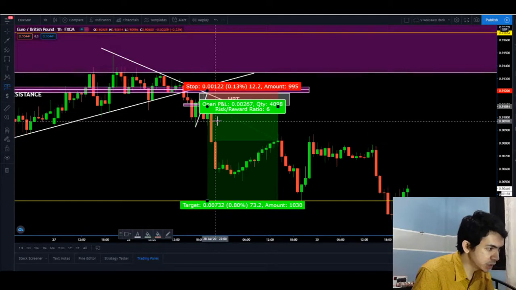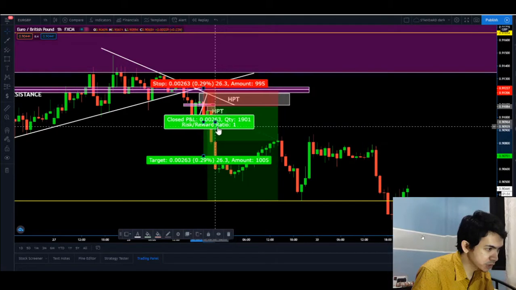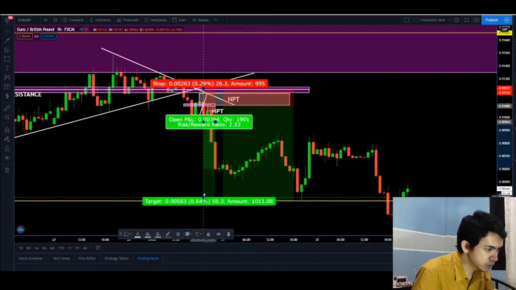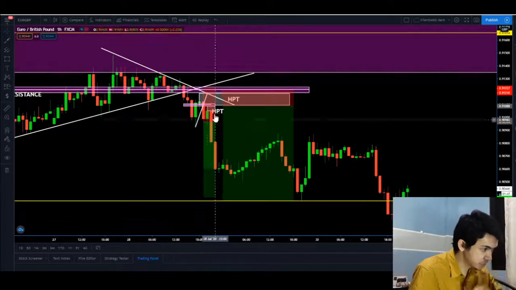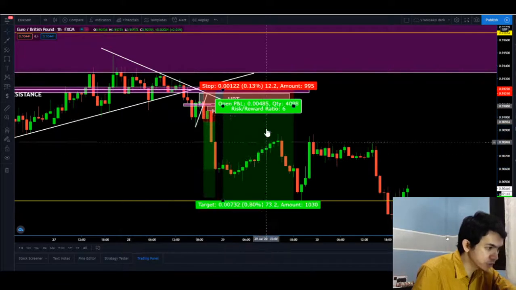Normally I will take the trade, for example here. Look at the risk reward ratio difference. Again, just above the structure for the stop loss.